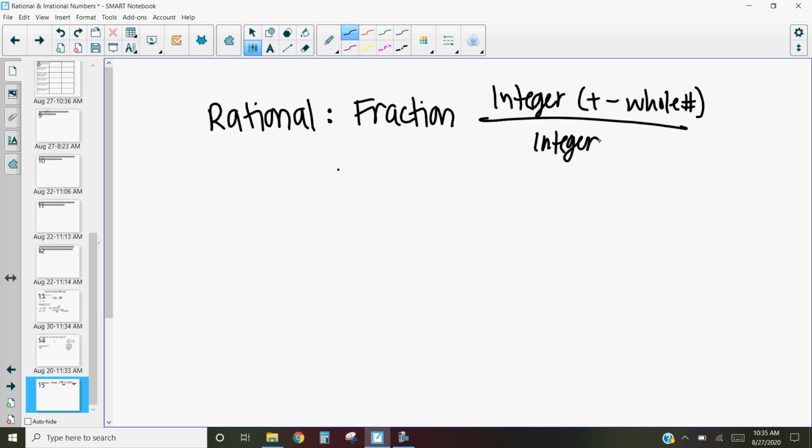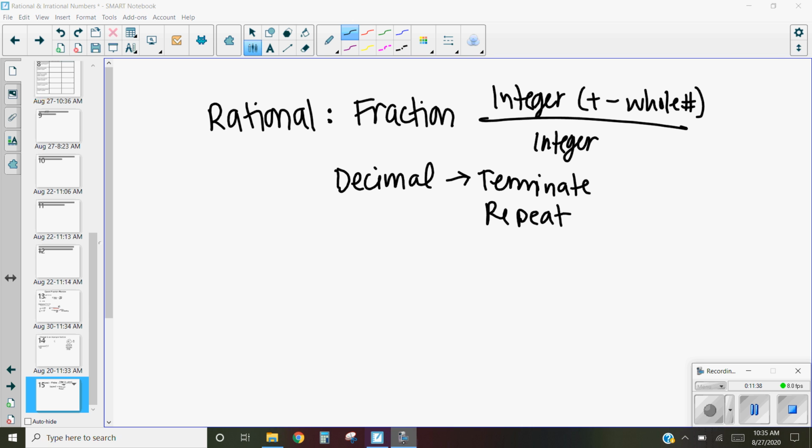And those rational numbers, if we look at them as decimals, they either terminate, which means they end, or they repeat, which is that copy paste. So if we find a number that either can be written as a fraction or as a decimal that terminates or repeats, then we know it's going to be a rational number. And that is how we decide if a number is rational or irrational.